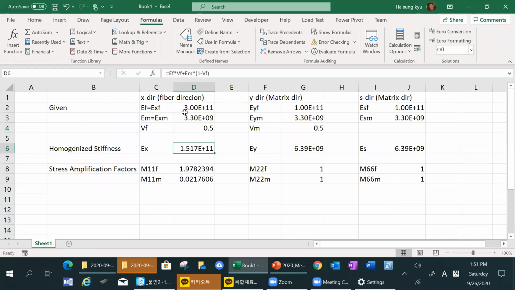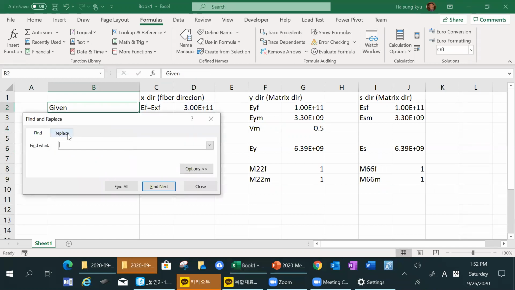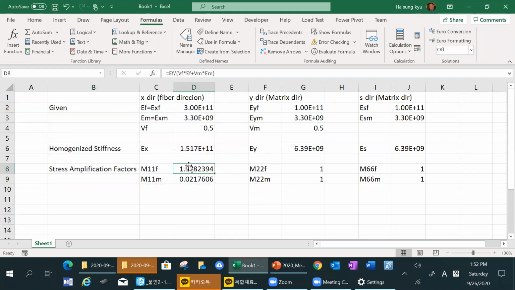So there are many terms. 1 minus VF is nothing but the VM, right? So we can just simply replace it by the VM. So the equation now looks much simpler.